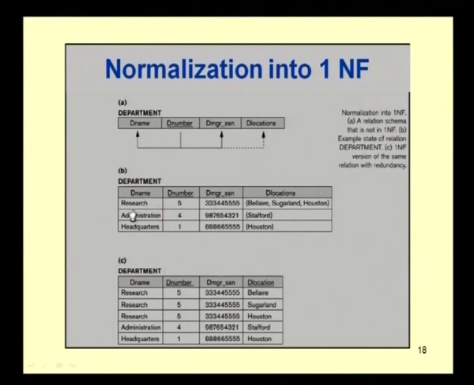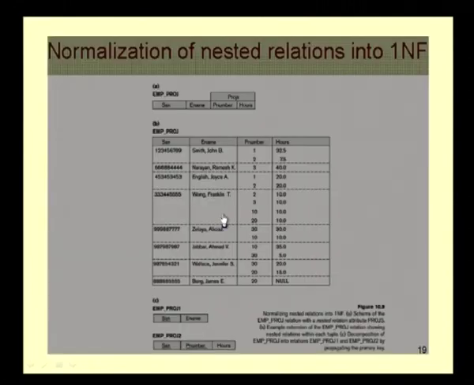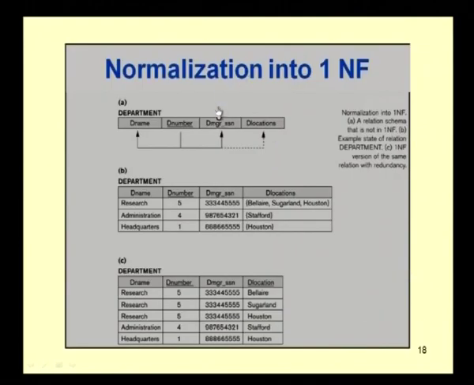In order to convert this into first normal form, you have to repeat research 3 times and have it as separate tuples by breaking up the multi-valued attribute. This is in first normal form, while the other is not. That is an example of a set-based multi-valued attribute converted into first normal form.